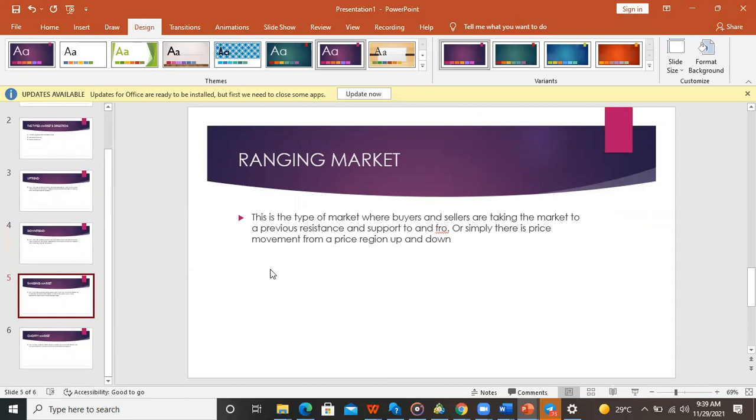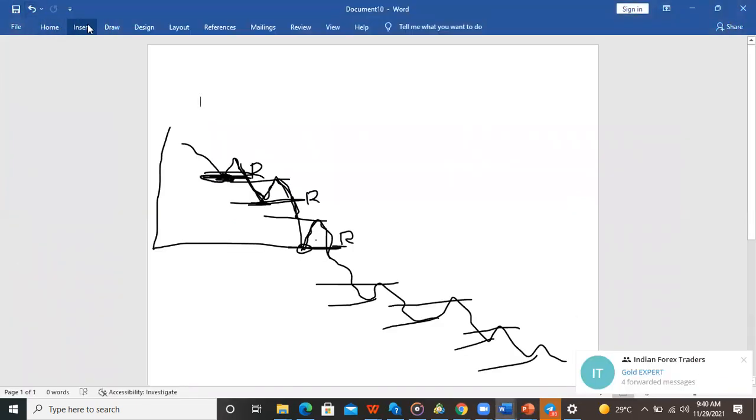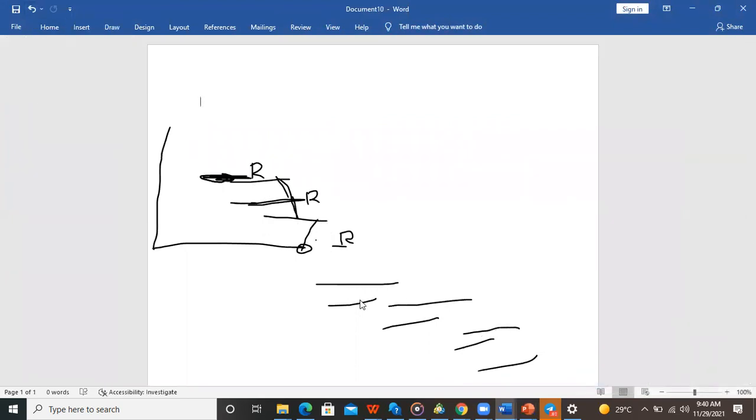Or simply there is a price movement from a price region up and down, up and down. As practical enough, let's go back to our drawing board, and then we will be able to identify what a ranging market is.